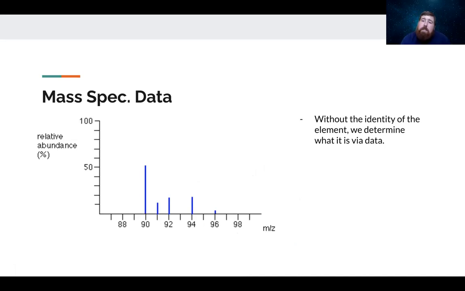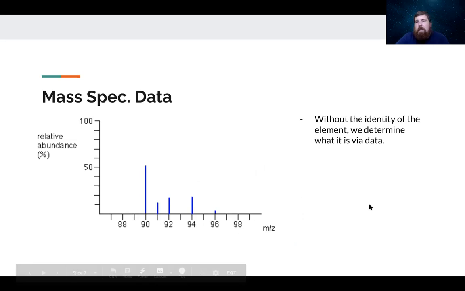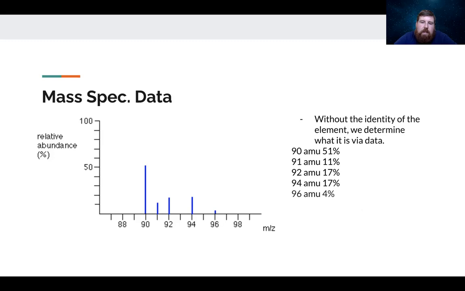The way we're going to do this is by determining the average atomic mass. That is an intensive property, meaning that we can do this because the average atomic mass for an atom is always the same. So just to make our lives easier, I went ahead and listed all 5 isotopes that exist with their percentages. It's not perfect, but it's close enough.